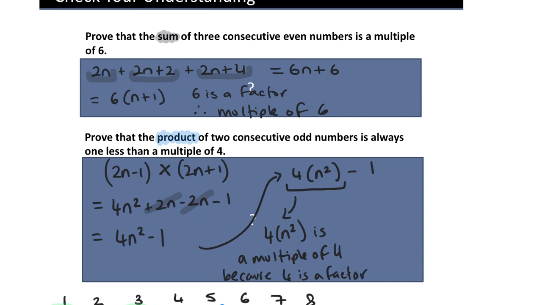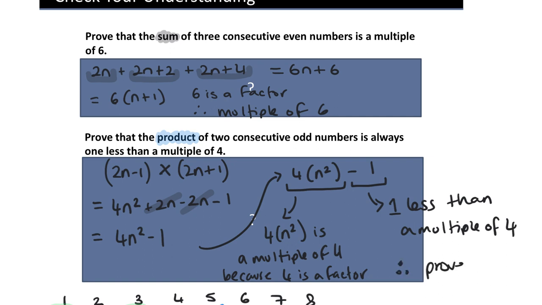Minus 1, this is 1 less than a multiple of 4. Therefore, proved. If it said prove that it's 2 more than a multiple of 4, you would have to make sure you can factor out a 4, and on the end you'd have a plus 2, because you want 2 more than a multiple of 4.